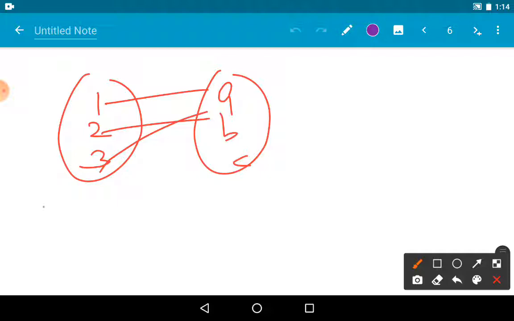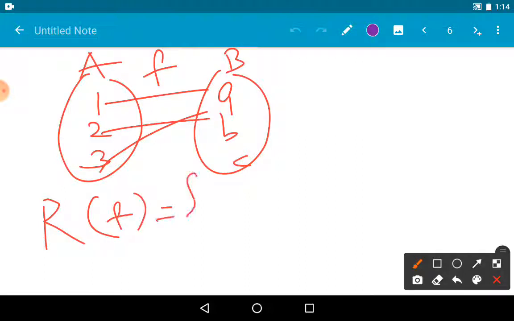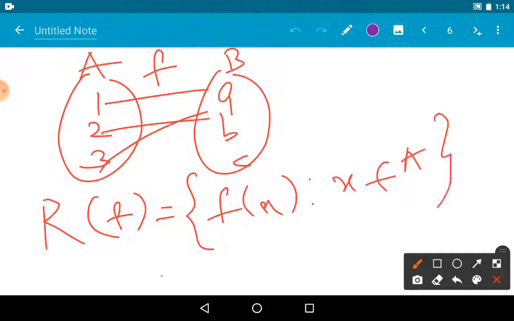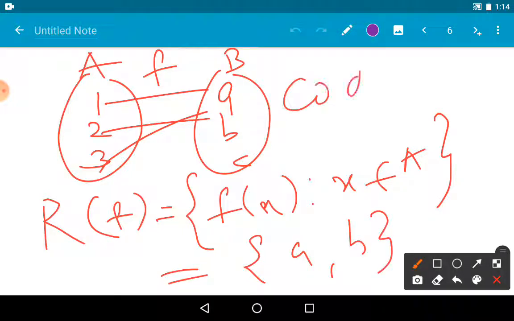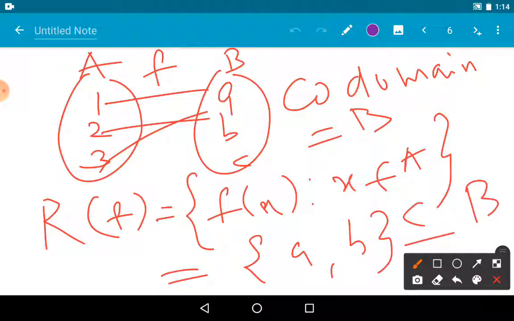If f is a map from A to B, then the range of f is the set of all f(x) such that x belongs to A, which is equal to A and B. The codomain is B. So clearly the range of f is a subset of, or equal to, B.